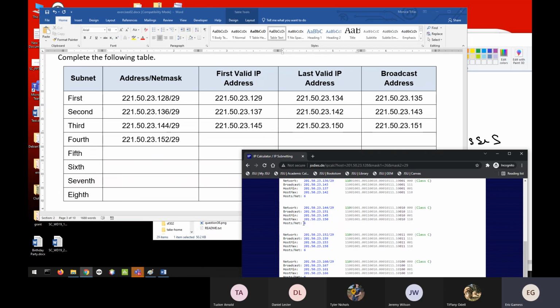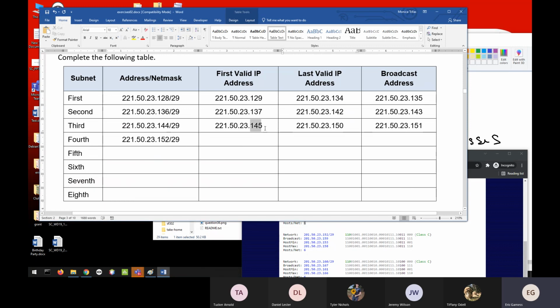Okay, and we have 6 valid IP addresses. 145, 146, 147, 148, 149, and 150 give us 6 valid IP addresses.